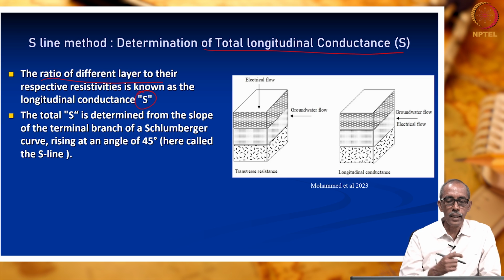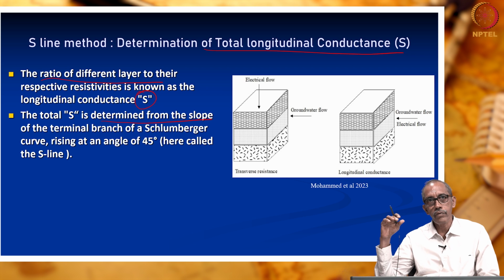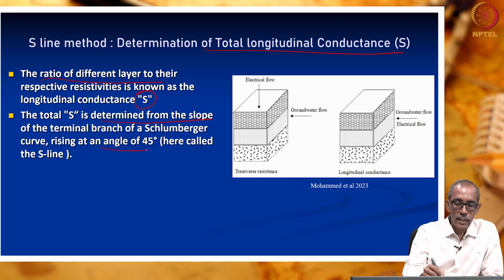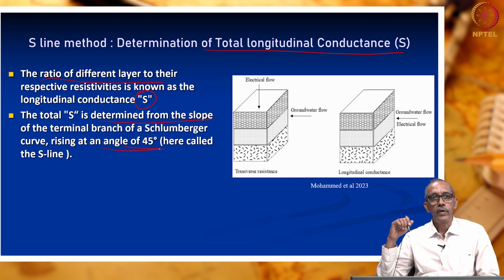So, the total conductance is determined from the slope of the terminal branch, that means the end of the curve, which is rising at an angle of 45 degrees. That is what we call the S-line method.